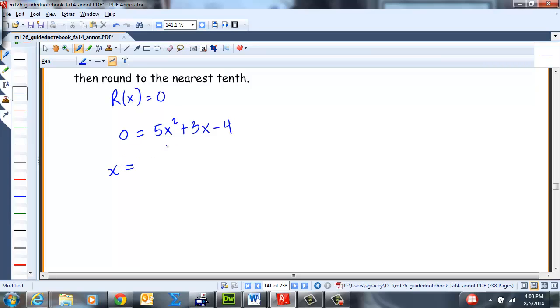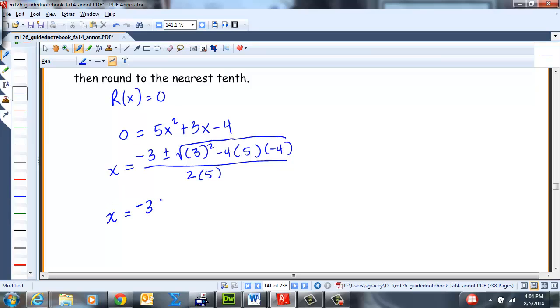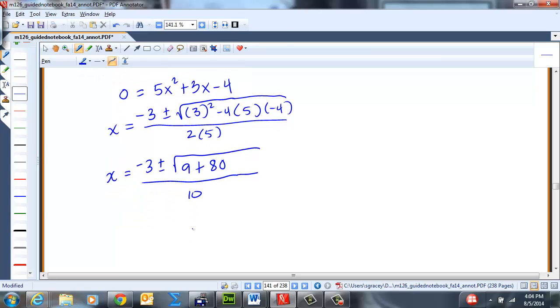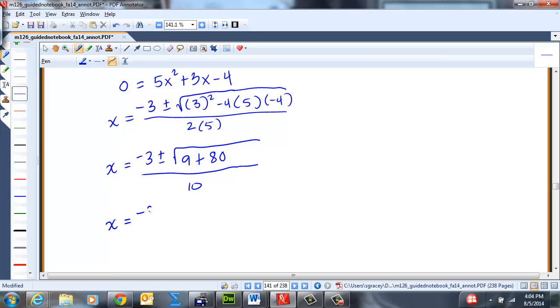So x will be equal to the opposite of 3 plus or minus the square root of 3 squared minus 4 times 5 times negative 4, all over 2 times 5. So we'll have negative 3 plus or minus the square root of 9 plus 80, all over 10. So x is negative 3 plus or minus the square root of 89, divided by 10.